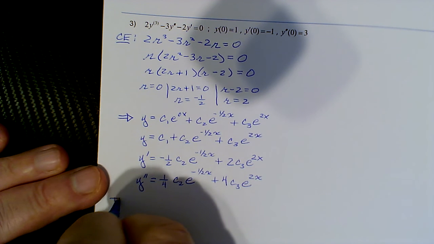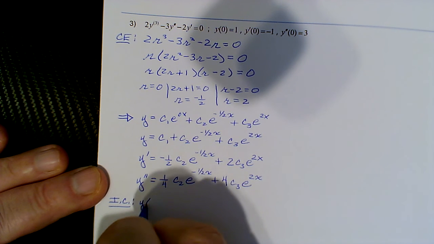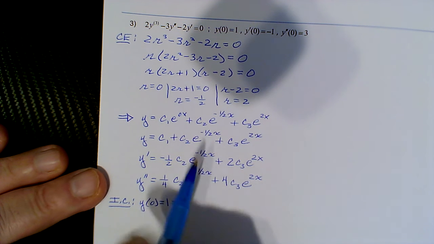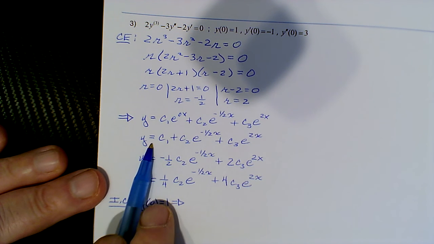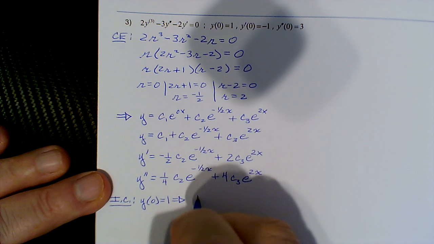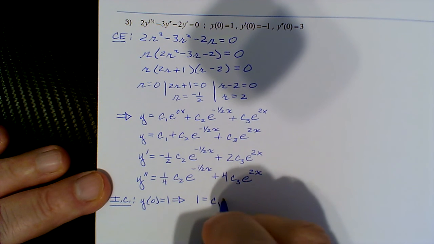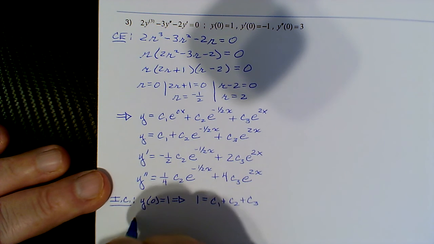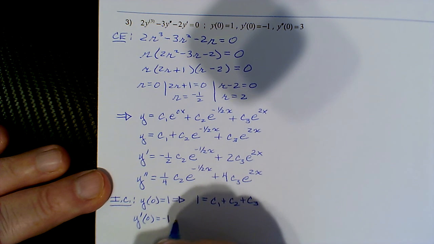And so the first initial condition was y of 0 was 1. So that gives us, going back to y here, that 1 is equal to c1 plus c2 plus c3. Second initial condition, y prime of 0 is negative 1.